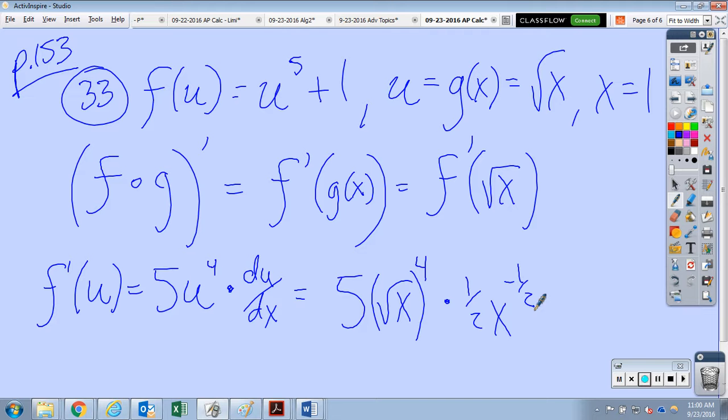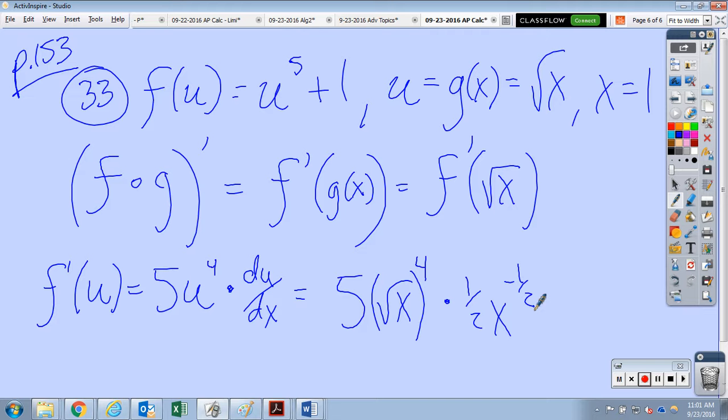Why can't you plug in 1? It says that x equals 1. Why can't you, instead of doing all that, plug in 1 instead of plugging in the square root of x? Because you already know what u is.